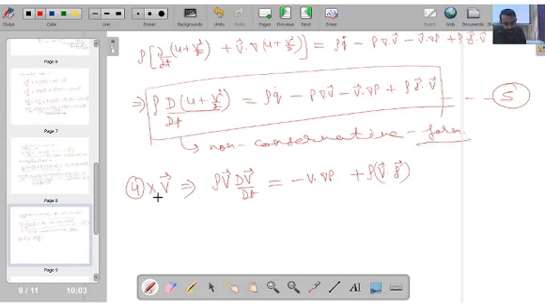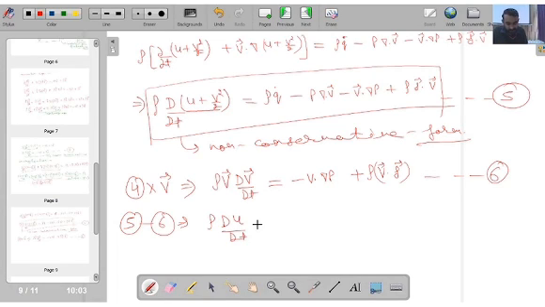Now I can subtract this equation, say this is equation number 6. I can do 5 minus 6. If I do 5 minus 6, let me split the first term also.